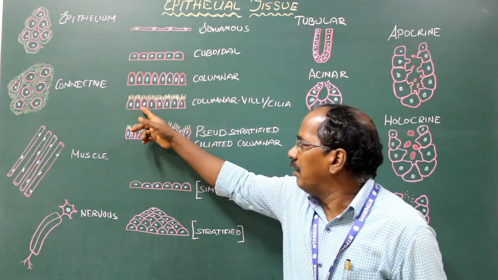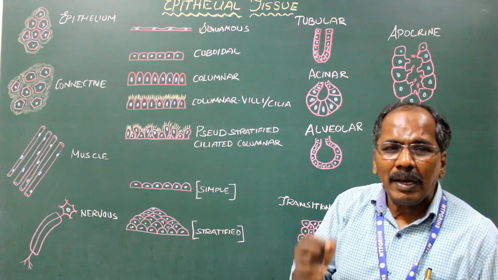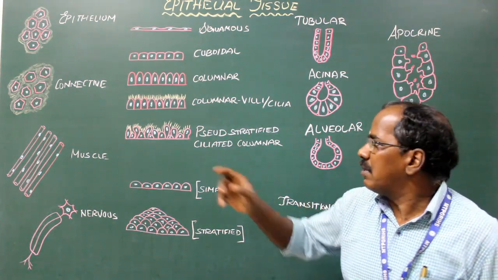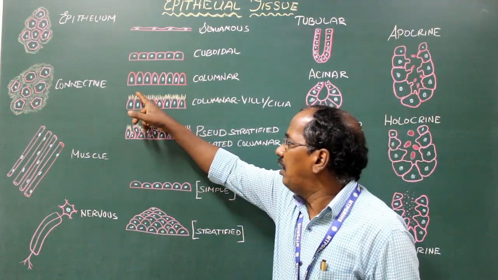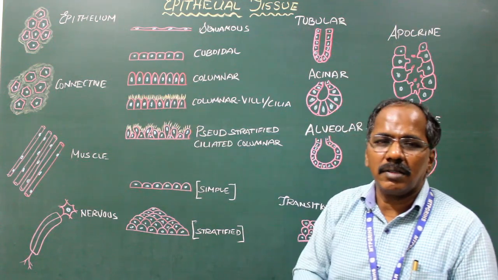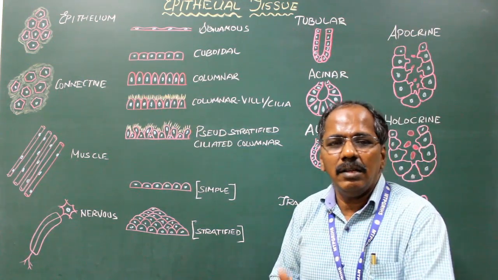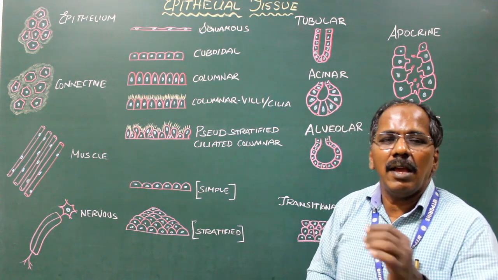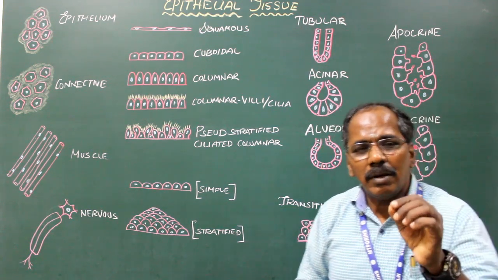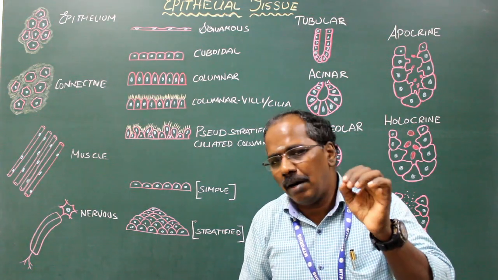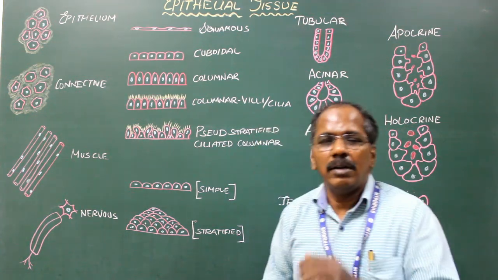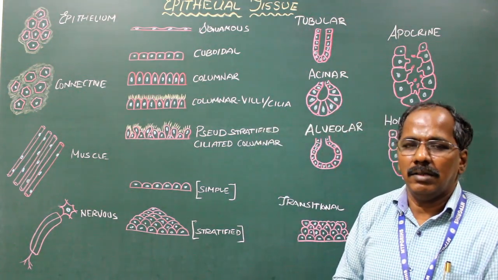Simple columnar epithelium may be characterized by the presence of villi on the surface. This is present in small intestine and gallbladder.